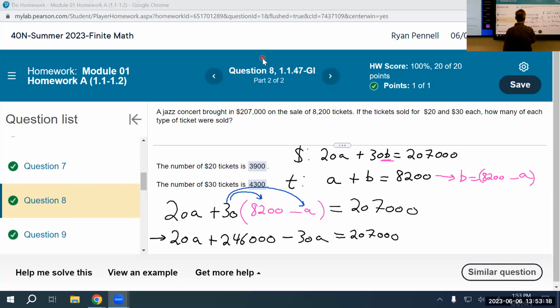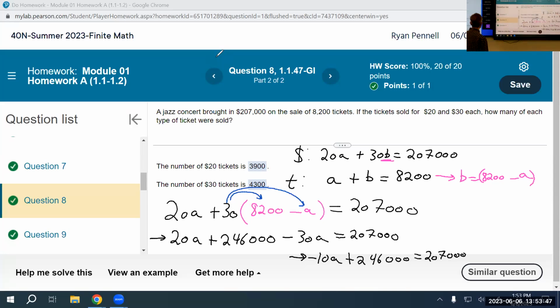Maybe not. -20A, -38. So I'll put those together. And if I do that, what do I get? I get -10A for these numbers, -10, all right, plus 246,000, 207,000. All right, almost there.